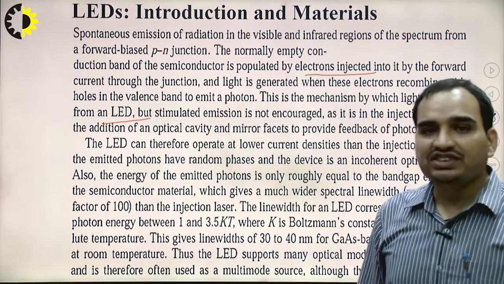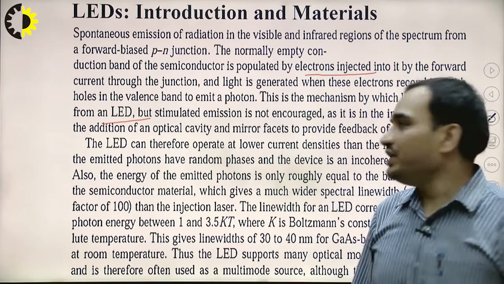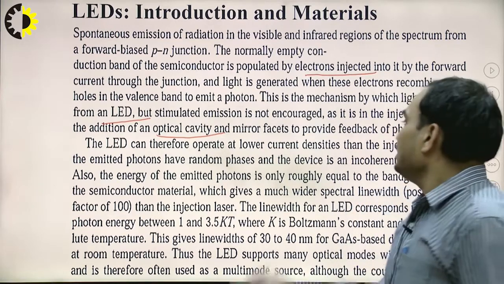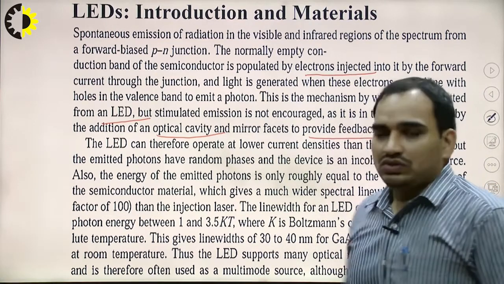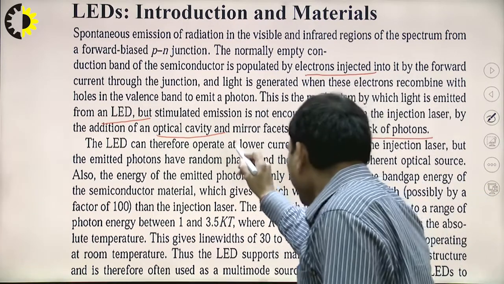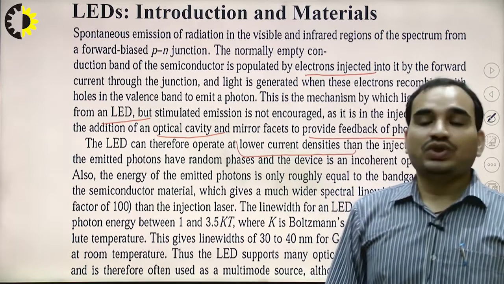But stimulated emission is not encouraged, as it is in the injection laser by the addition of the optical cavity and the mirror facets to provide feedback of photons. The LED can therefore operate at lower current densities than the injection laser. So this is the comparison.